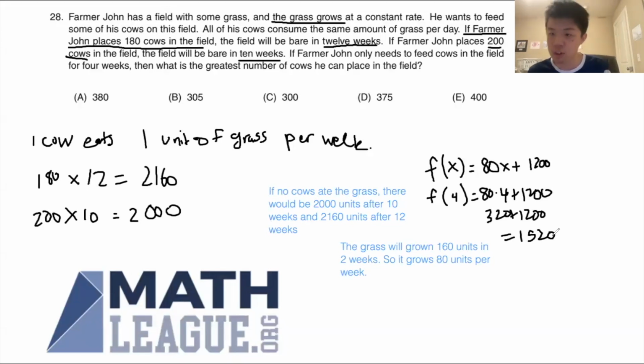But now we can assume that the cows will be eating the grass during this time period. And what we've just calculated is that over the 4 weeks, the cows can be fed with 1,520 units of grass. You cannot feed the cows any more than this because the grass does not grow faster than what we calculated. So essentially, over 4 weeks, the cows will eat this much grass, which means that we can divide this by 4 to calculate how much grass the cows will eat in 1 week.